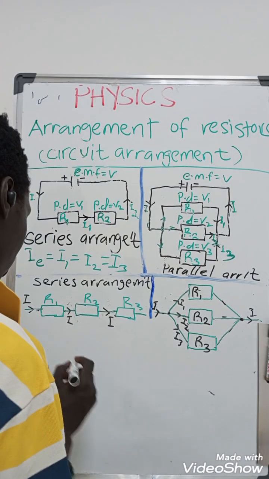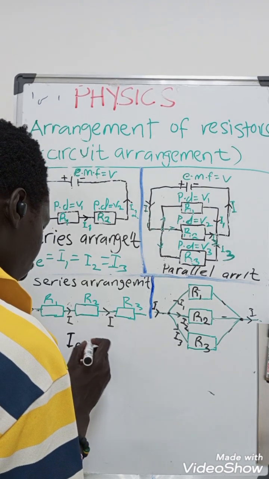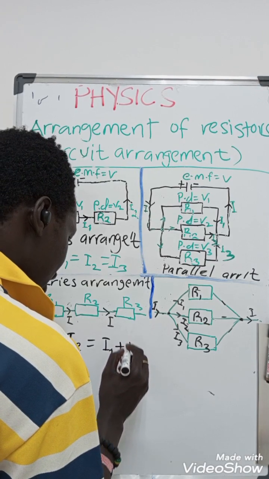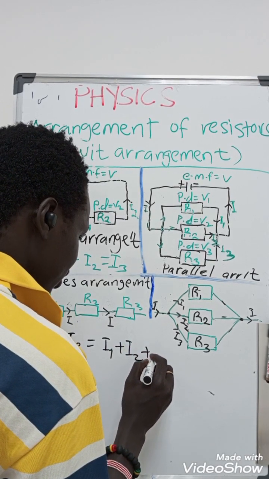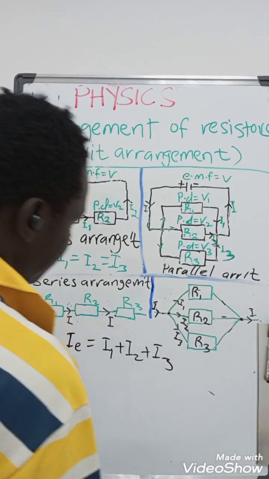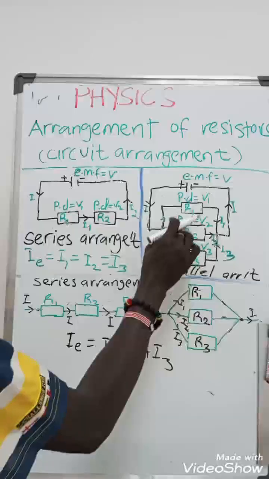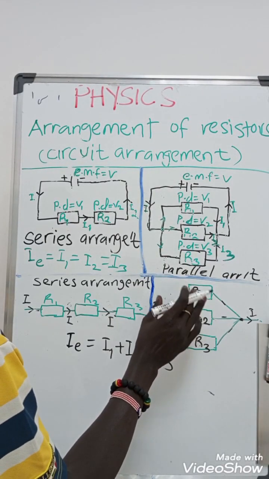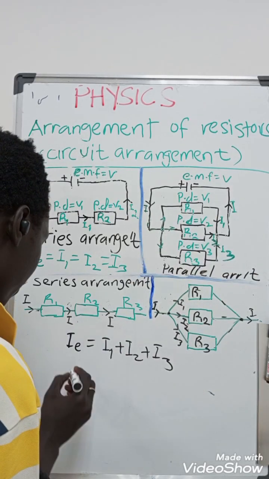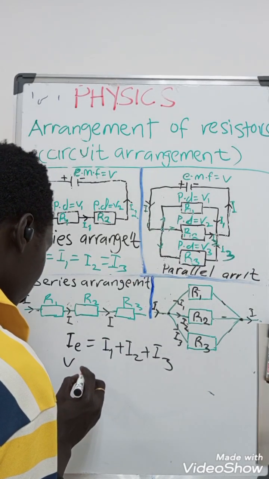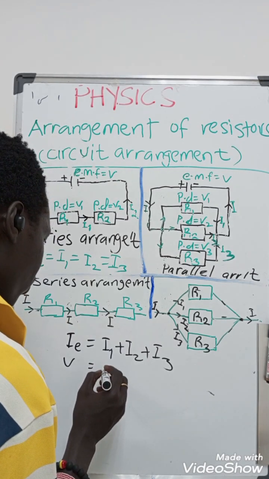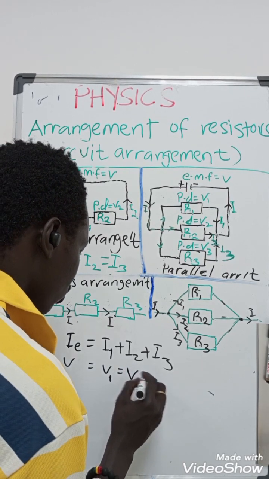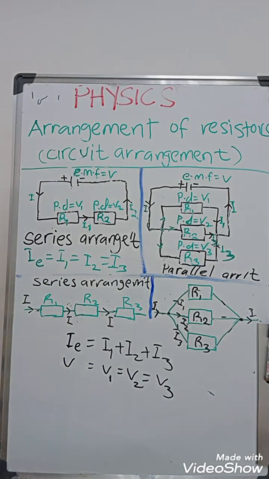In parallel arrangement, we said before, effective current is equal to current 1 plus current 2 plus current 3. The potential difference across each resistor is the same and is equal to the potential difference across the whole combination, whereby we say V is equal to V1 is equal to V2 is equal to V3.